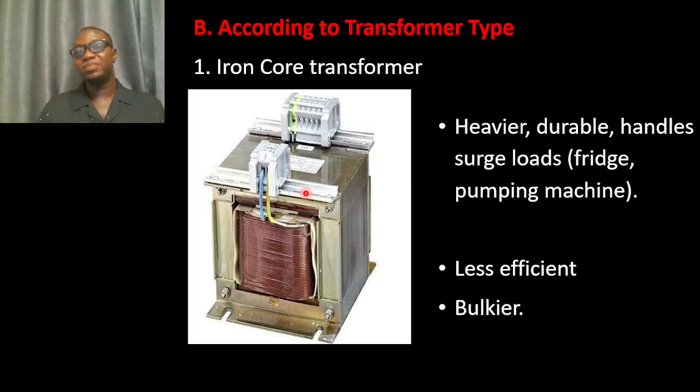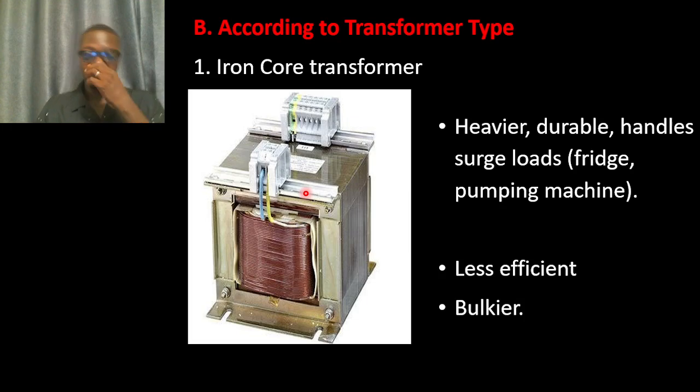So when you see a 1 kVA inverter or a 5 kVA inverter, they will look big and they will be heavy. If you want to carry them, they will be very, very heavy because they make use of this iron core transformer.